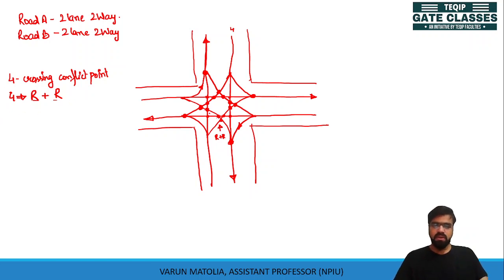Then we have this 1, 2, 3, 4, 5, 6, 7, 8: 8 points where right turning traffic is meeting with through traffic. These points, right turning traffic meeting with through traffic. So these are the 16 major conflict points.